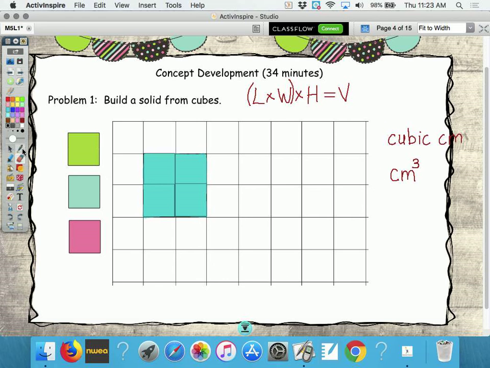He did. So instead of 4, it's going to be 8 cubic centimeters or 8 centimeters cubed. We're not going to worry about the formula right now. So now, one more floor? I guess so, since I have 3 colors of cubes here. Add one more floor, so this would be the 3rd floor of your structure.